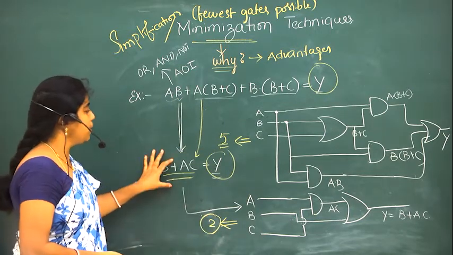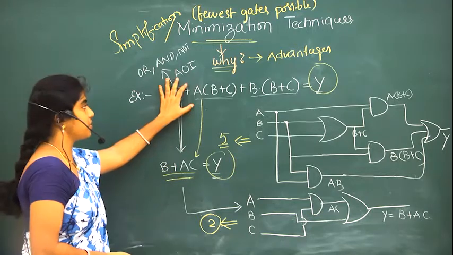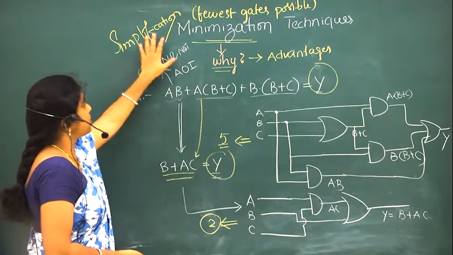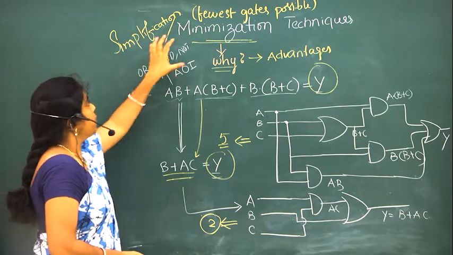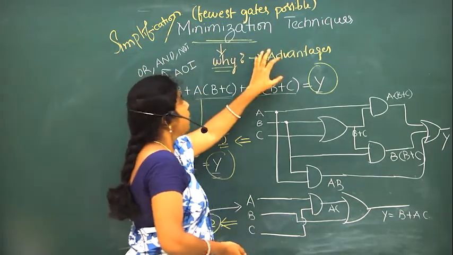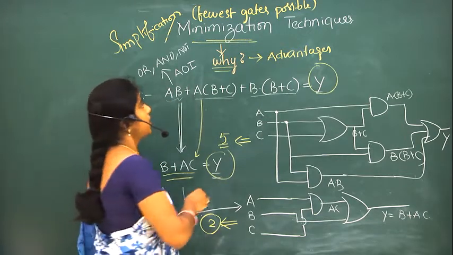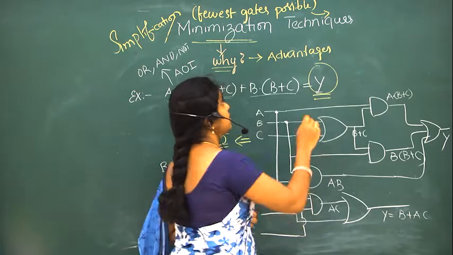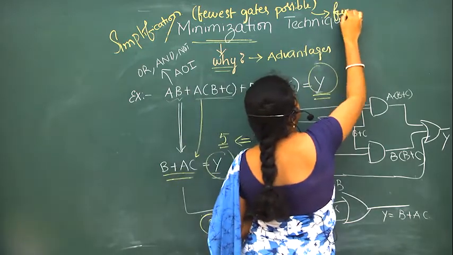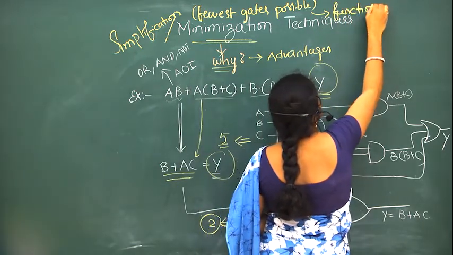Second expression is the minimized form of first expression. Minimization or simplification is nothing but to implement the given expression with fewest gates possible without changing its functionality. Because Y is not changing, the output is not changing, functionality is not changing.